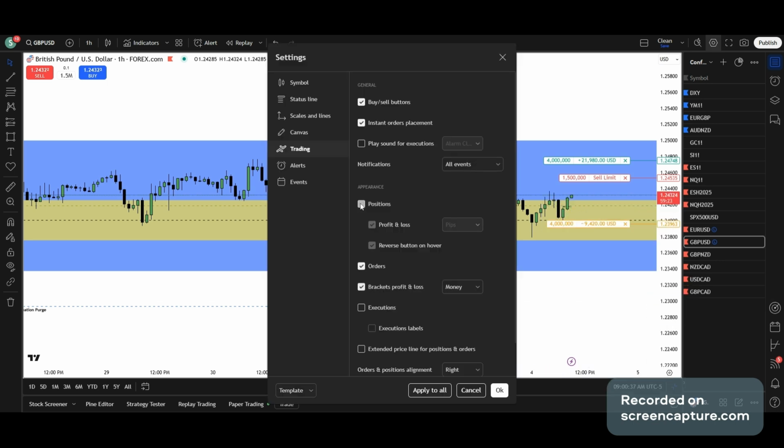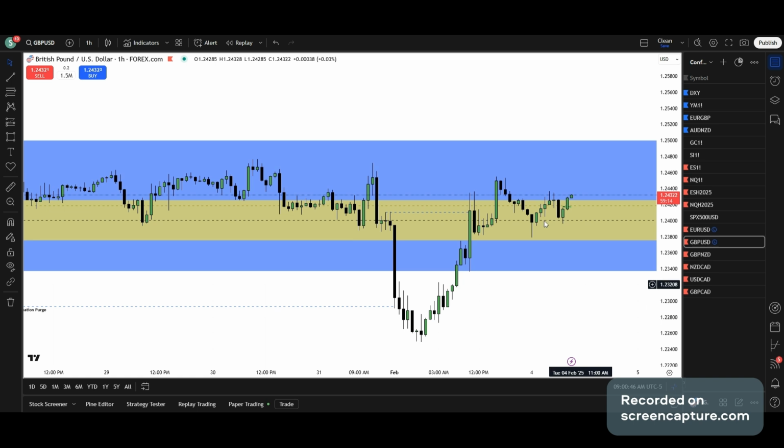It's a little distracting right now. How do I do this? Okay, there we go. And positions. There we go. So, yeah. So I'm long on pound dollar, and I believe price will ultimately get up into these relative equal highs potentially today. But I'll put that back on once it is relevant.